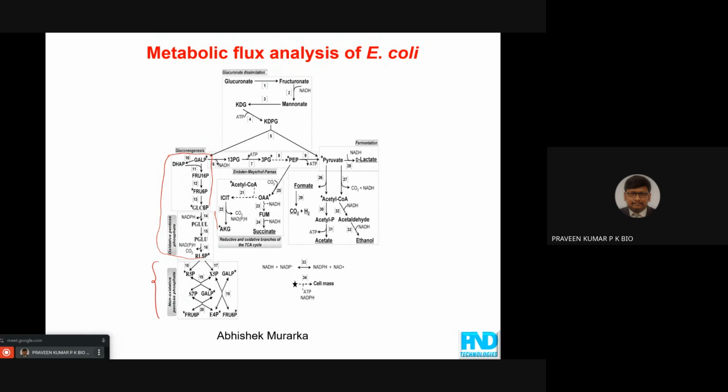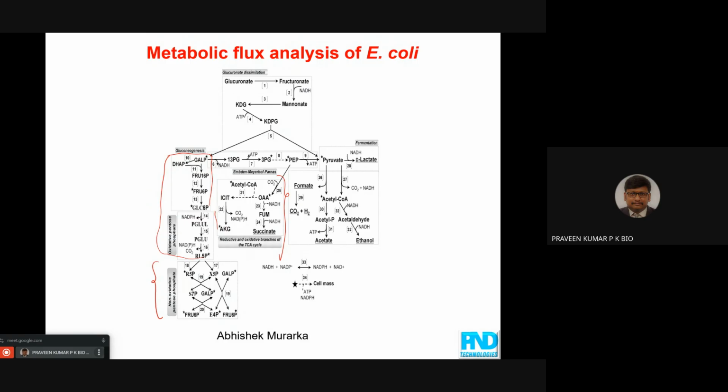So whatever you can see is a different pathway here, and the Embden-Meyerhof pathway. These pathways can be interlinked with each other. Like different proteins can have different pathways, even the pathways can have a relation. Similarly, here the metabolites can also have a relation and can be interlinked with each other.